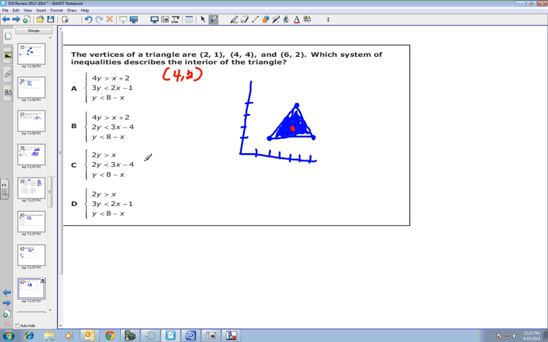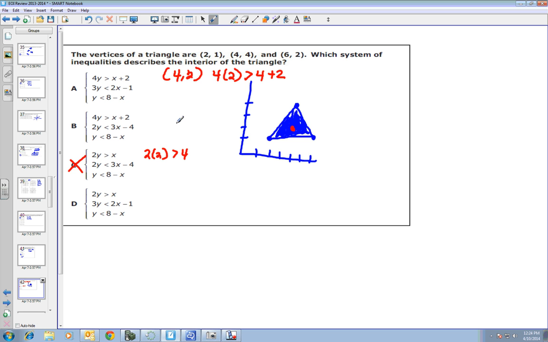Okay, so let's start with C. This first inequality says 2 times 2 is greater than x, which is 4. Is that true or false? It's false because 4 is not greater than 4. Okay, which one do you want to try now? A? All right, so here's A. 4 times y is greater than 4 plus 2.